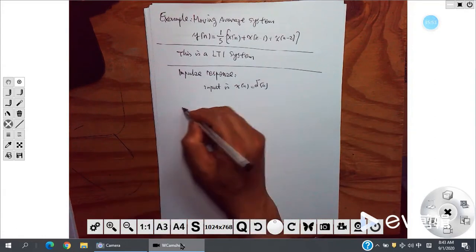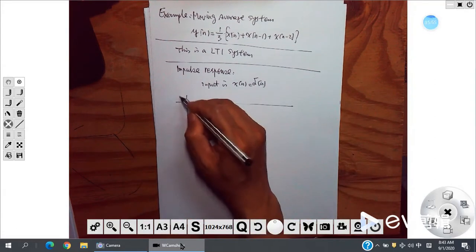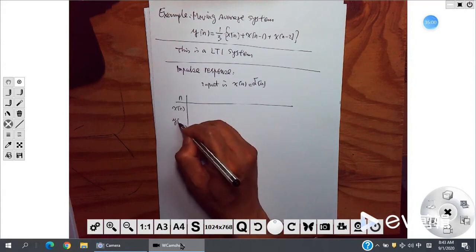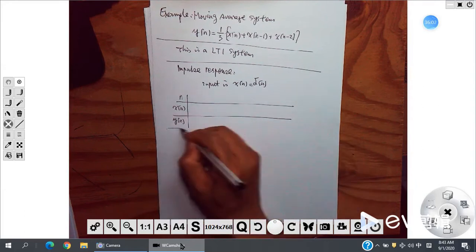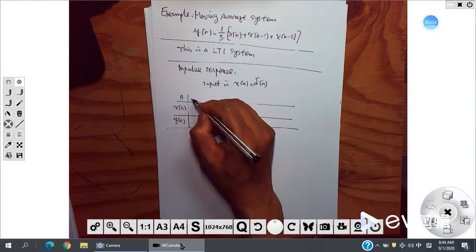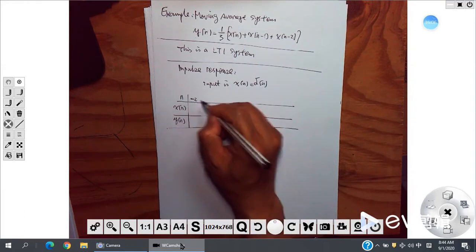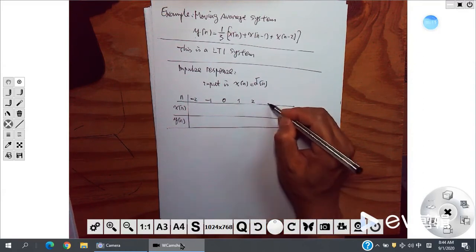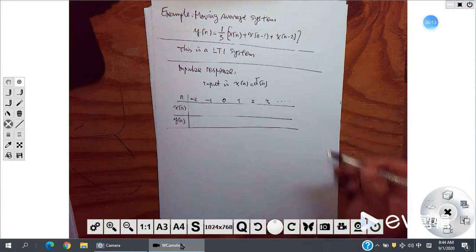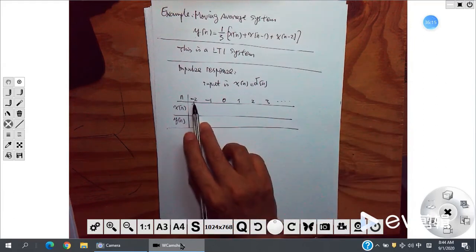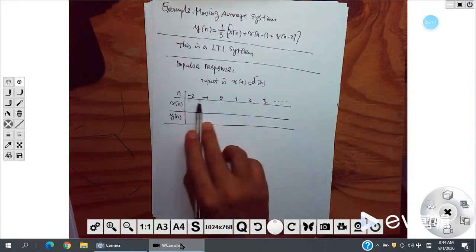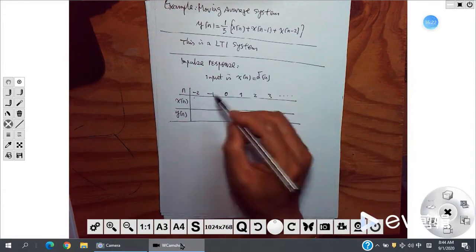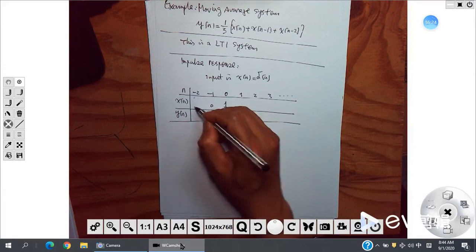You can list the value of n, then put the value of x, then the value of y. You can do the calculation. We can start, for example, from n equal to -2, -1, then 0, then 1, then 2, then 3, and so on. When n has values like these, what will be the value of x? We know x is delta, so this one is 1, and all the rest are zeros.